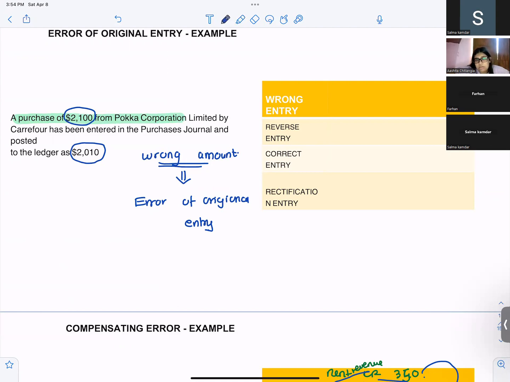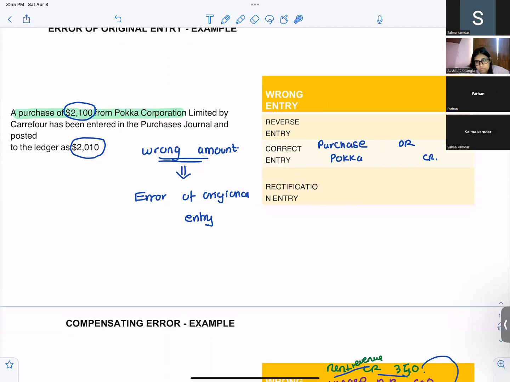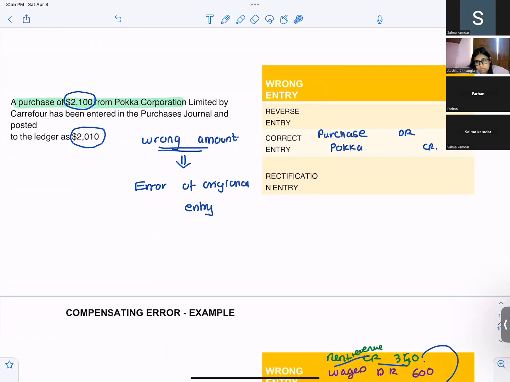Purchases debit, Poca credited. It is purchase debit and Poca credit. Wait, how do we know they purchased on credit? Because the name of the person is given, right? Is there mention about cash? No. So it is purchase debit, Poca credit. If there's a name given and there's no cash involved or written there.